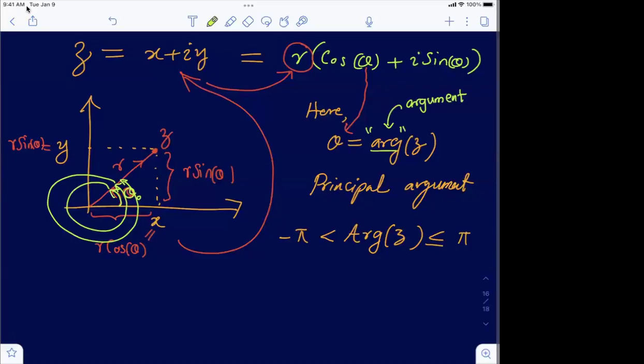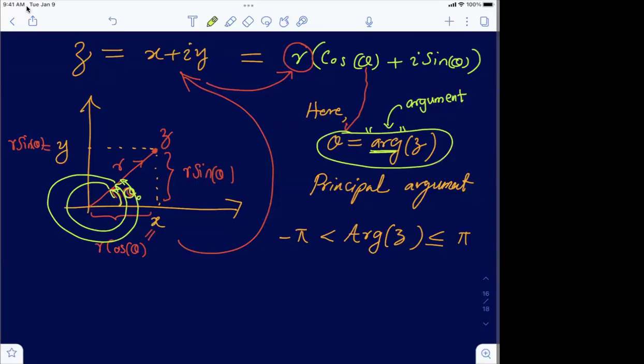The lowercase arg, or argument, is identified as a multi-valued component. So when you write theta equals arg z, theta does not stand for one single value. It signifies a collection of values. There are infinitely many members in that collection.